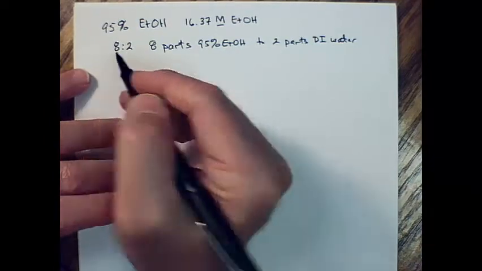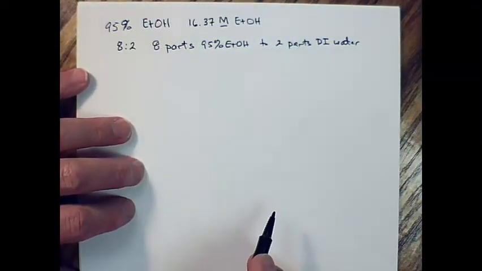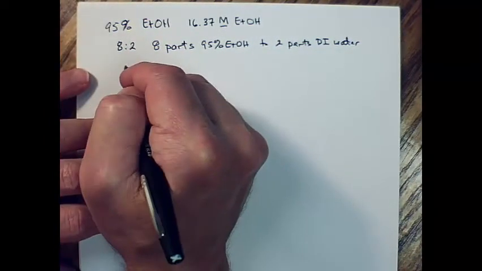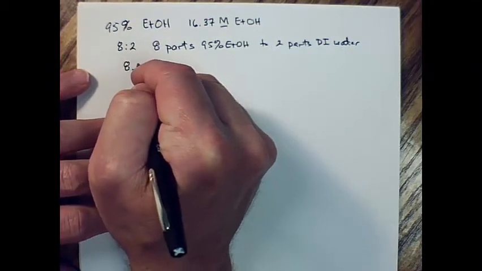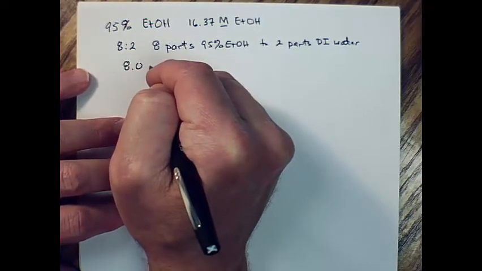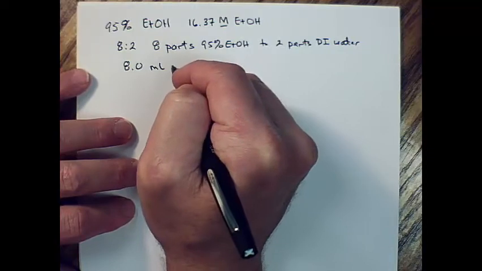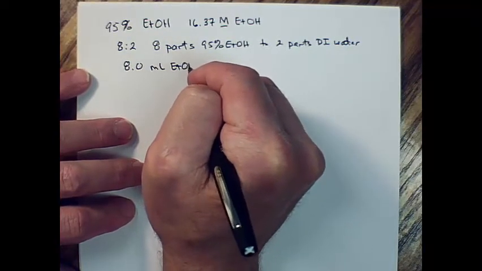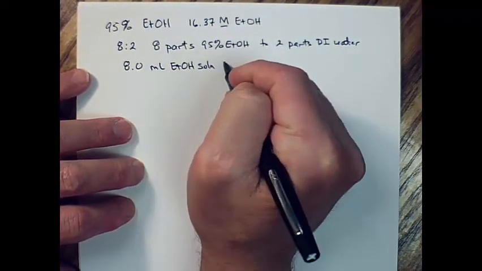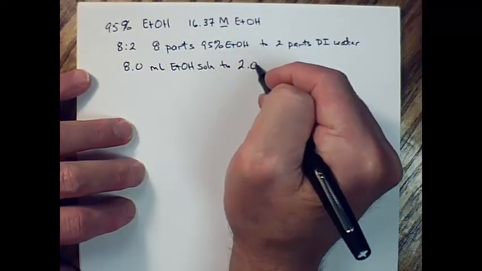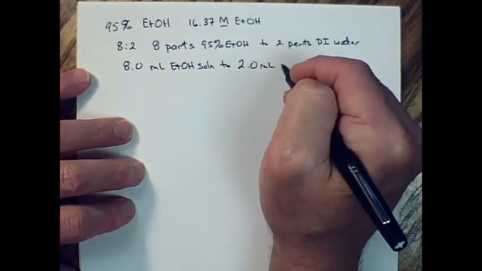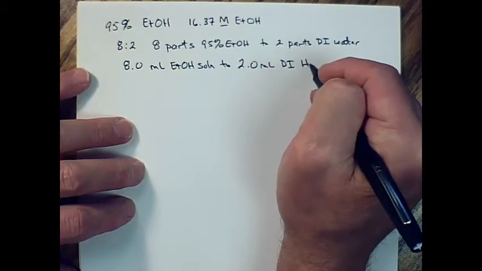Okay? If we were measuring that out, and you should very carefully measure your volumes, let's say we're using 8.0 milliliters of our ethanol solution to 2.0 milliliters of distilled water.